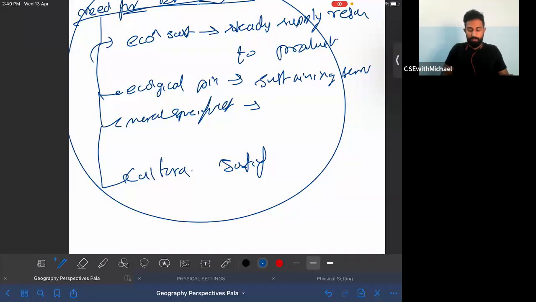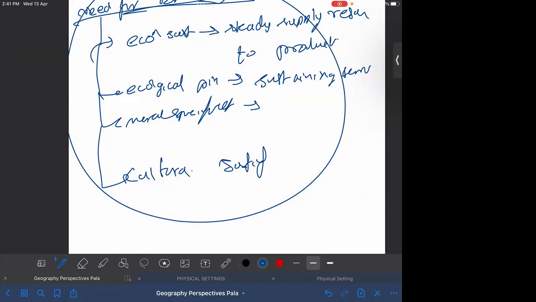Now ecological justification. Ecological justification is rooted in the necessity of sustaining life support functions of the ecosystem.